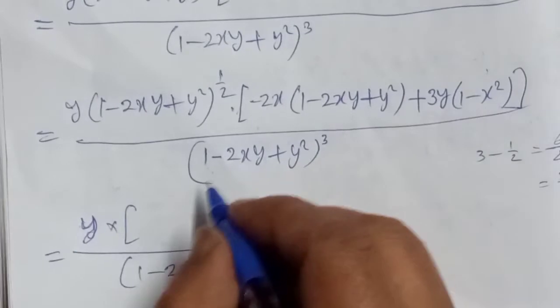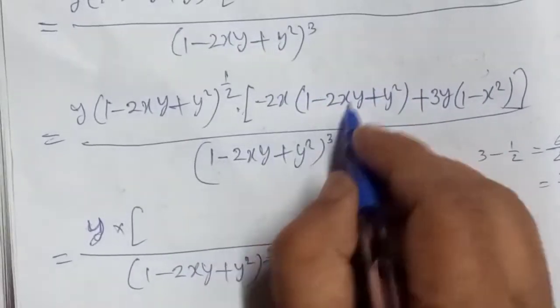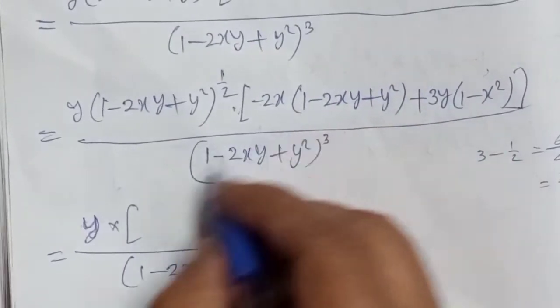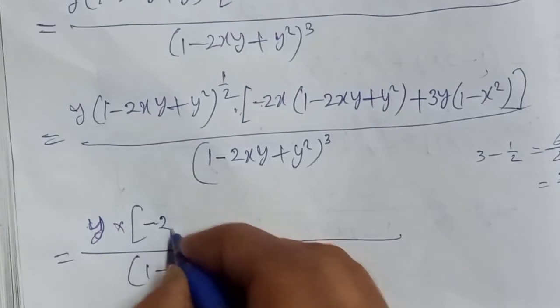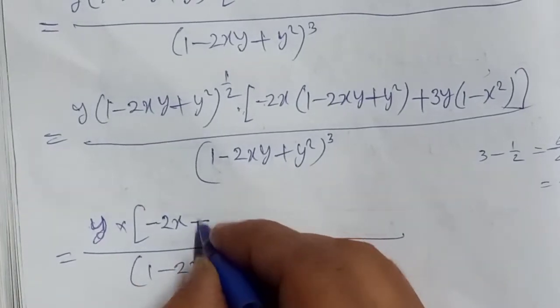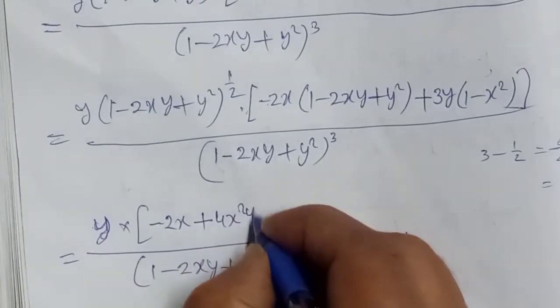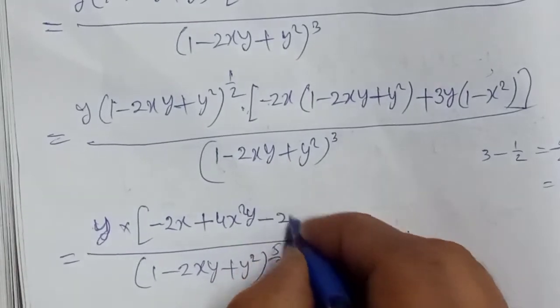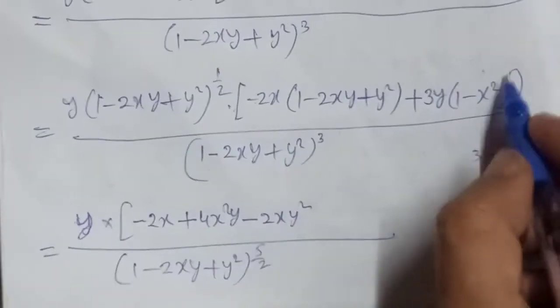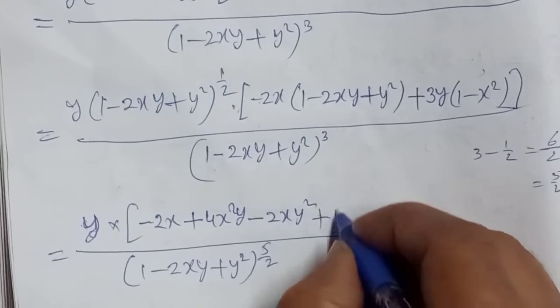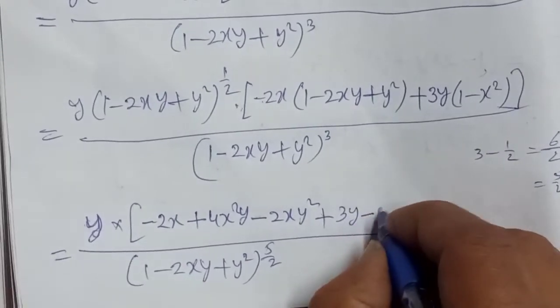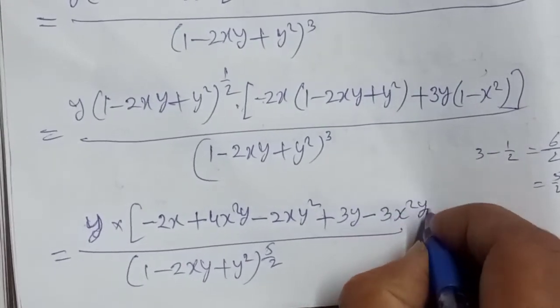Now we will solve this value. So open this bracket, minus 2x multiplied by 1, we get minus 2x plus 4x square y and minus 2x y square. On opening this bracket, we get plus 3y minus 3x square y.